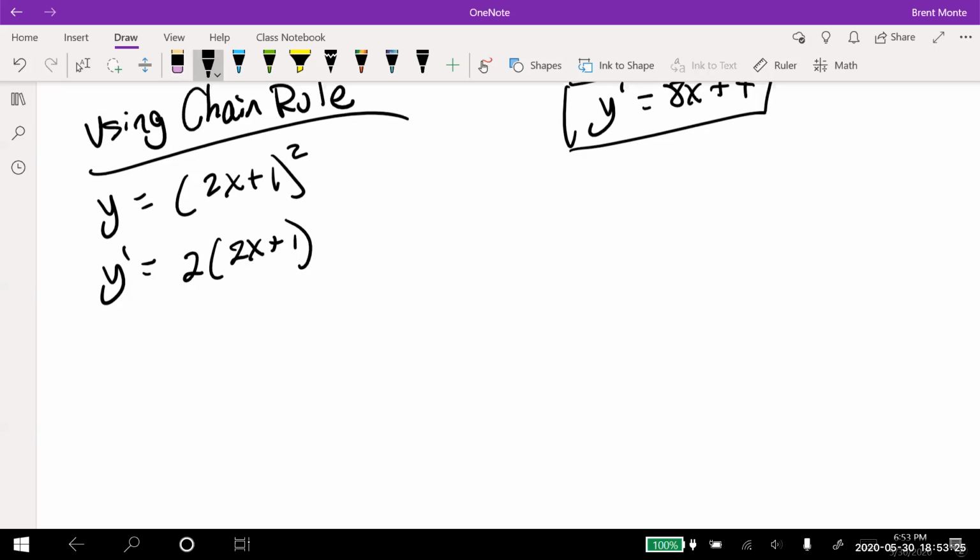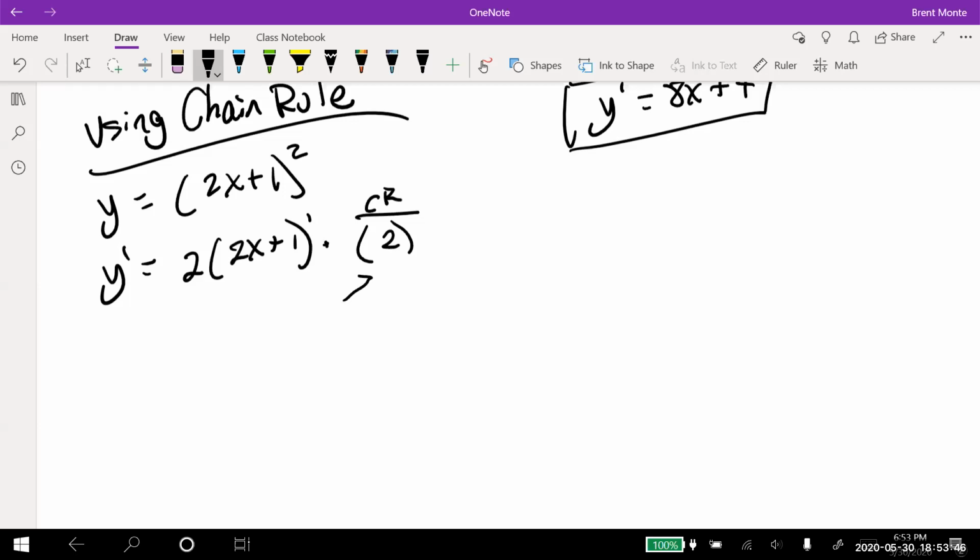Remember, we just leave that alone, and then I drop the exponent by 1. If it had just been x squared, I'd say, oh, it's 2x to the first, or just 2x. Well, that's what I have. But then I say, wait, I haven't done anything with that inside function yet. Now I have to multiply by the derivative of the inside function, which is just 2.